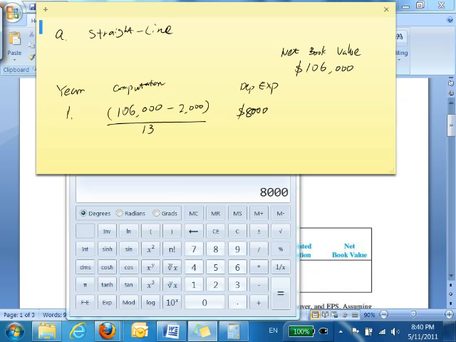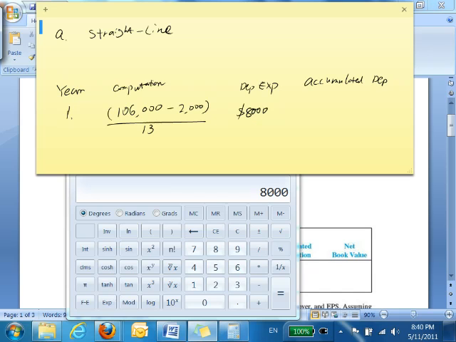So here, using the straight-line depreciation method, we know that it is $8,000 per year. And during year one, the accumulated depreciation equals the depreciation expense.